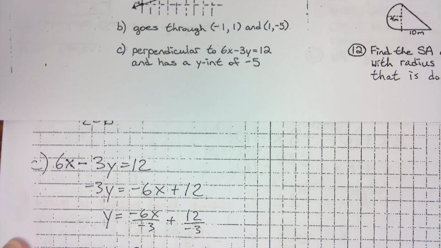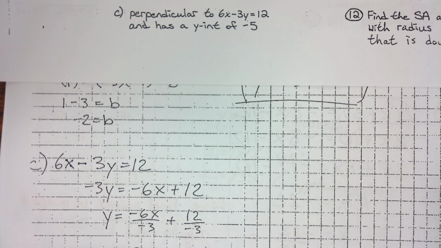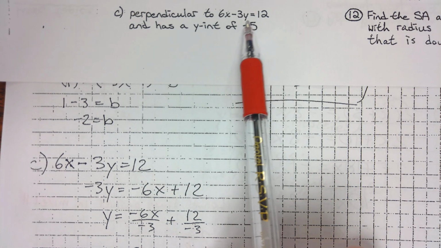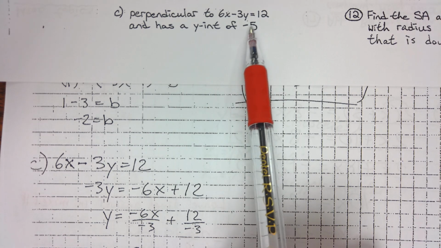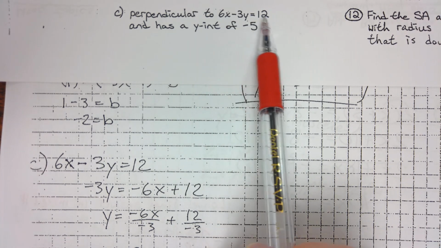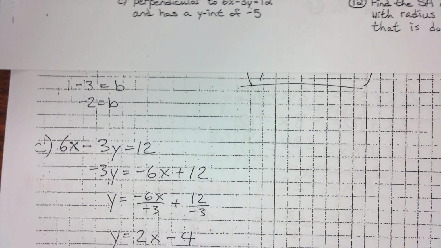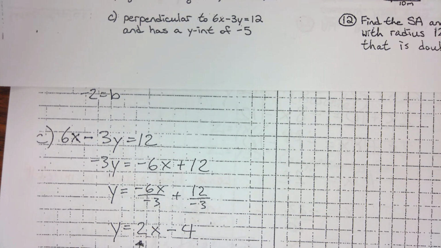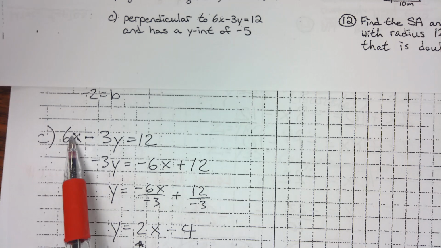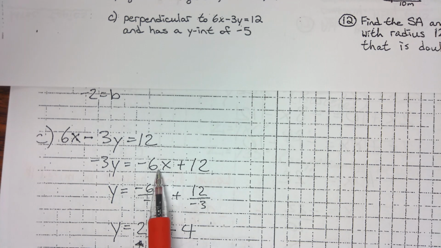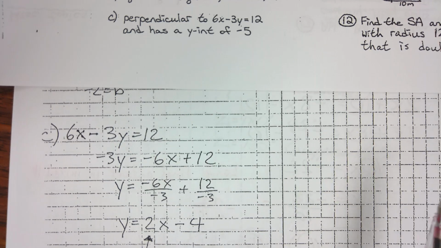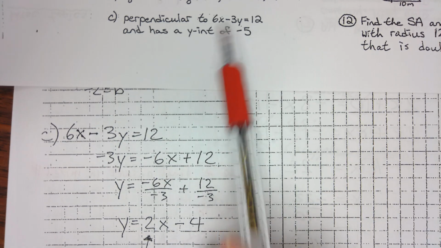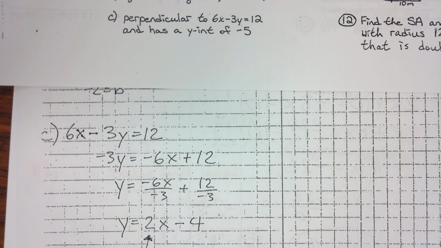This next one, perpendicular to this equation and has a y-intercept with this. Okay, so this is in standard form, so I need to rearrange it into y equals mx plus b form. So move that 6x over, becomes -6x. Divide everything by -3, I get 2x minus 4. So what was the purpose of rearranging this equation into y equals mx plus b form?